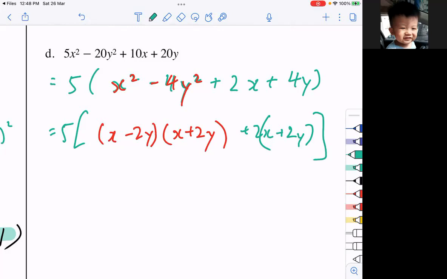Look inside the square bracket. What can I see? How many terms can I see? 2 terms. Do I have any common factors?